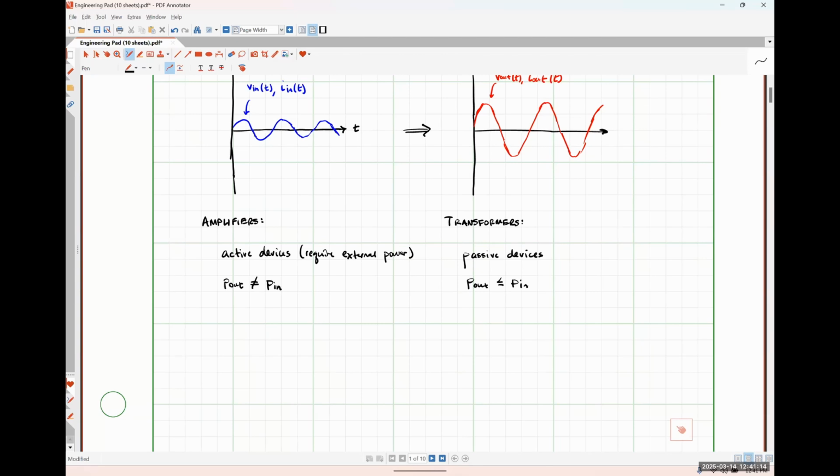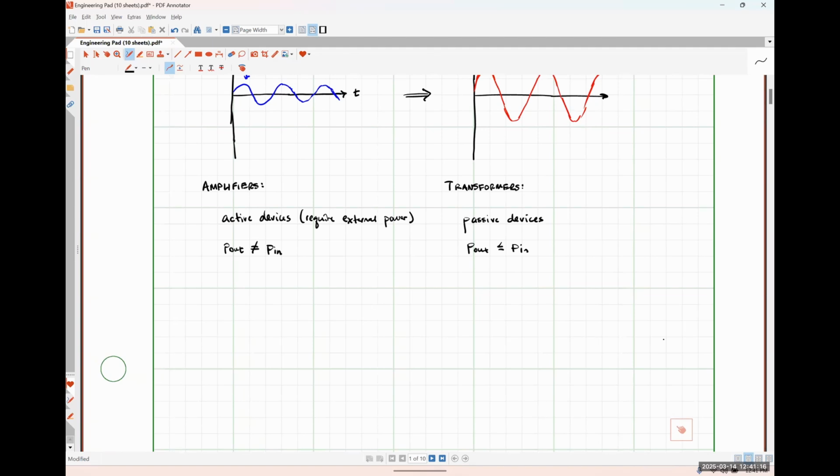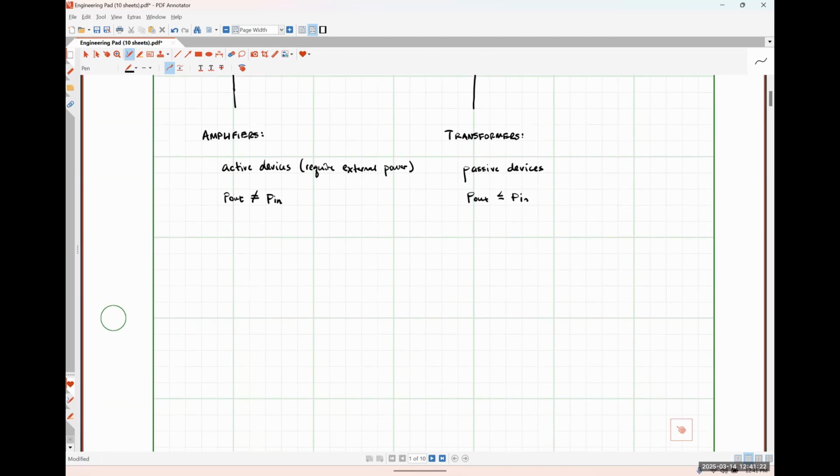All right. So with that out of the way, let's talk a little bit about what exactly an amplifier is.